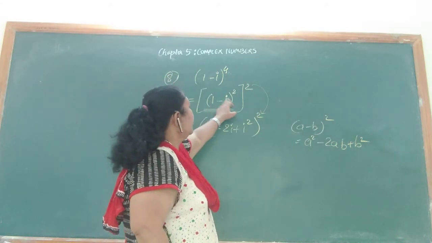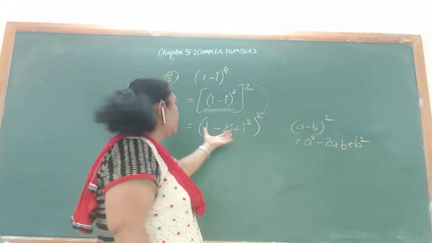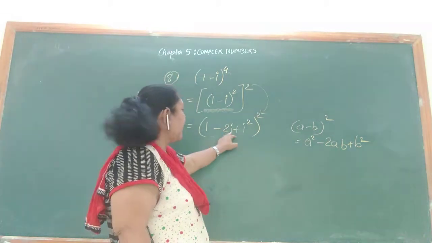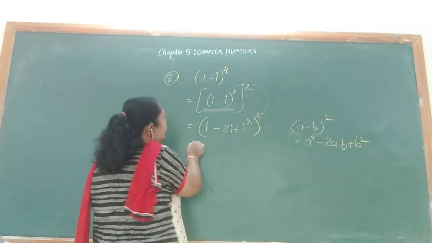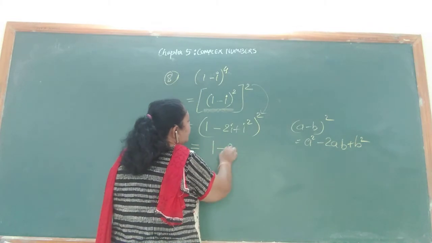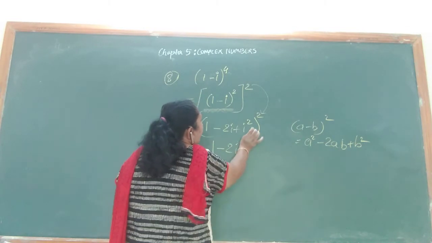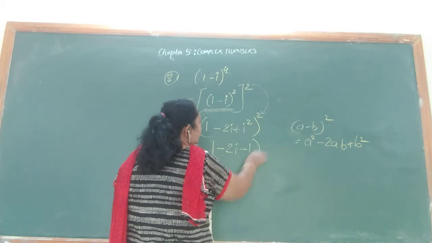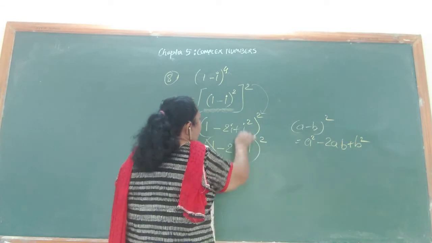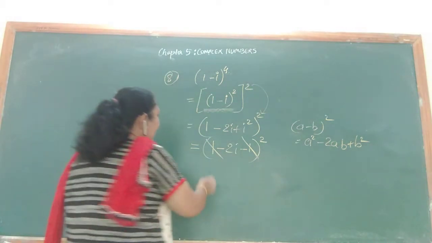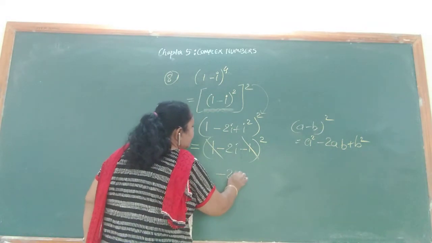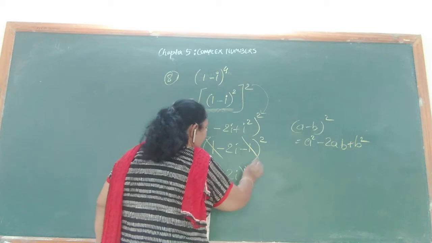And the (a minus b) whole square form, so this is a square minus 2ab plus b square. So what does this become? (1 minus 2i, and again this i square is minus 1) whole square. Plus 1 and minus 1 will cancel with each other and I have (minus 2i) whole square.